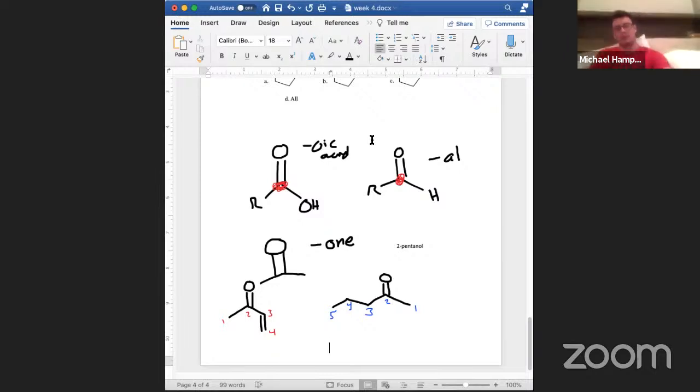James made sure to remember that double bond, all right? Because we're indicating where everything is, right? So you have a double bond where on the molecule? At what carbon? 3, right? 3-butene, all right?